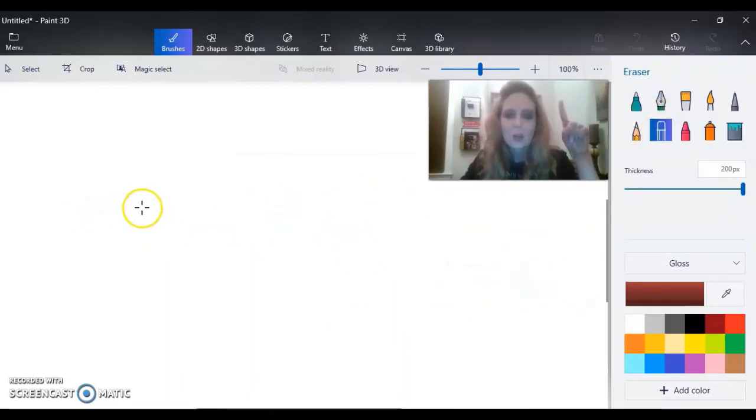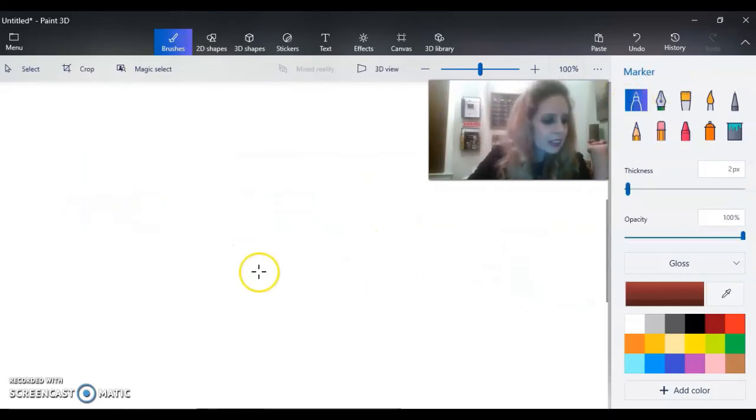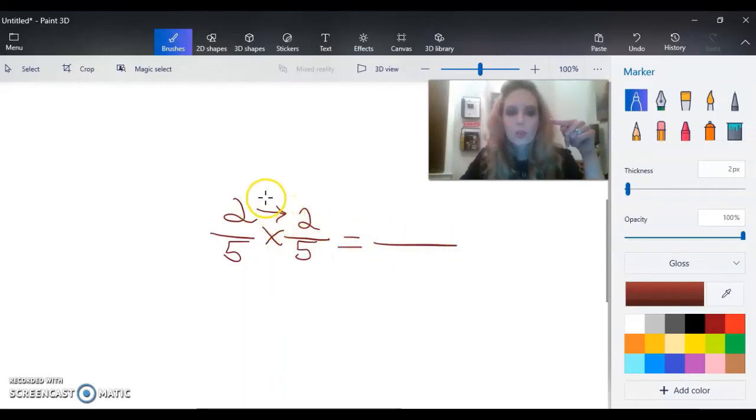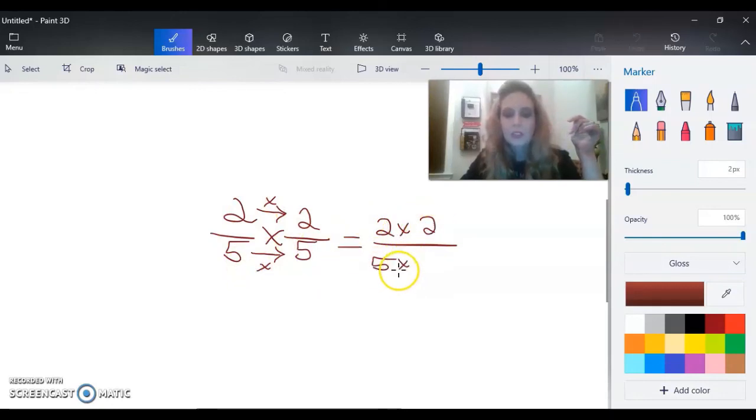All right, let's take a look at one more. C says 2/5 times 2/5. Again, straight across the numerators, straight across denominators, multiply those two numbers together. 2 times 2, 5 times 5. 2 times 2 is 4. 5 times 5 is 25.